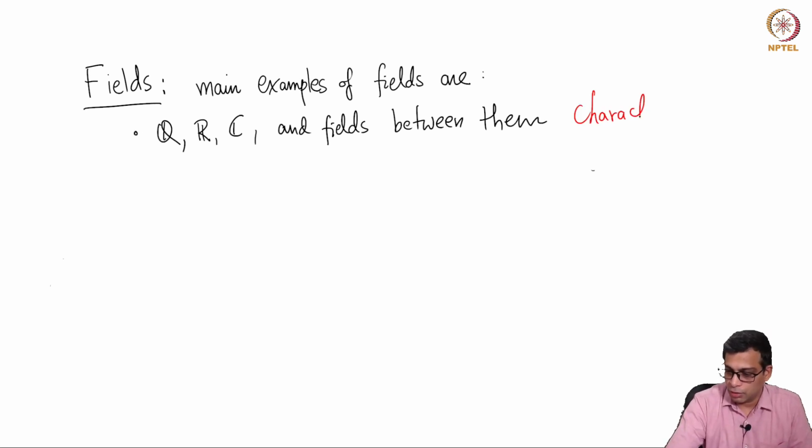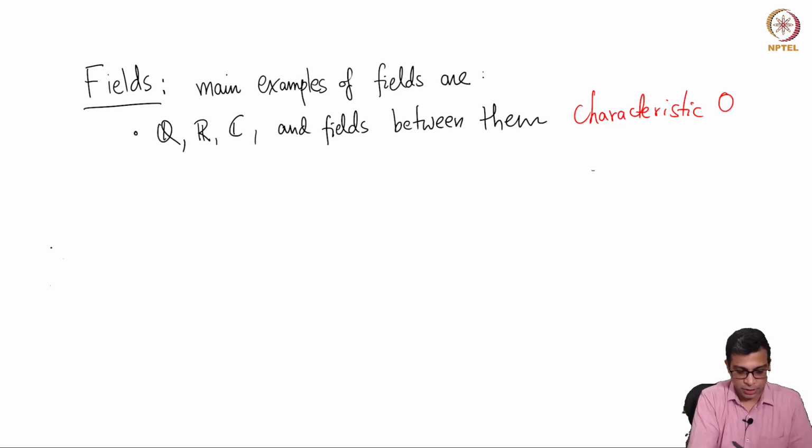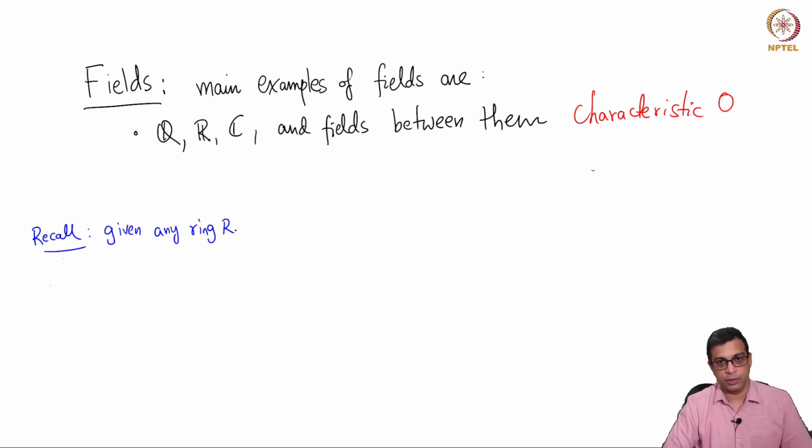If you recall from your ring theory and field theory courses, characteristic means, maybe I'll just quickly recall this. Given any ring, and I'll mention again, though this is a standard assumption throughout the course, a ring for us is always commutative with unity.